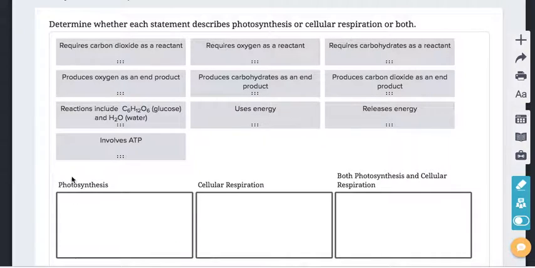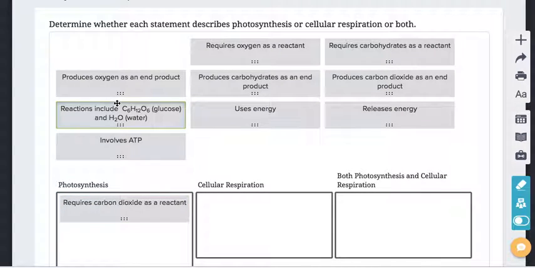So when you see photosynthesis, I want you to think about the P in photosynthesis as sort of like plants, and the C in cell respiration, I don't know, could be like your cat or something. Or if your name is Carl, then here we go. So for requiring carbon dioxide, well, we don't require carbon dioxide. In fact, it's a poison to us. We actually release it from our body because it's a poison. So I'm going to put this solidly over in photosynthesis.